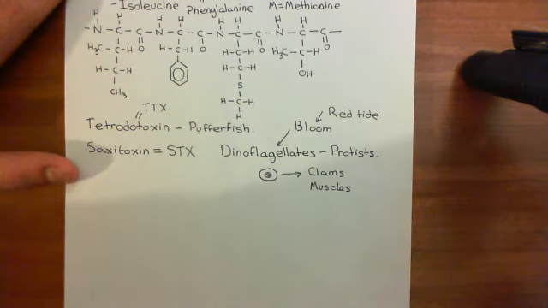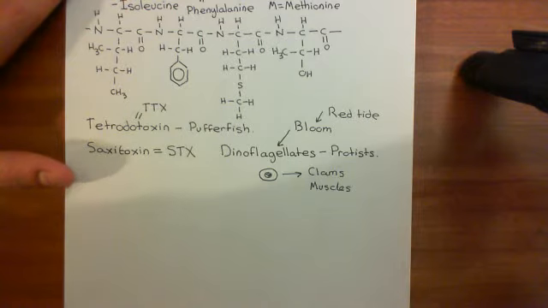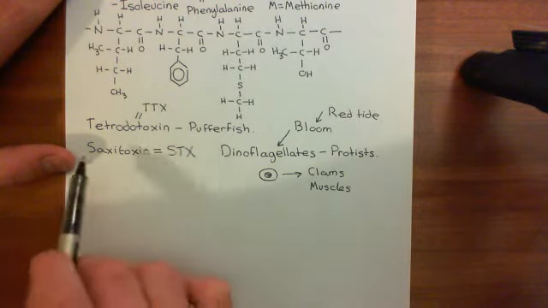You're then ingesting that, and it causes neurotoxicity. So how does it cause neurotoxicity? Well, it's the same as tetrodotoxin. It causes paralysis of the diaphragm and also of the phrenic nerve firing to the diaphragm, which stops you from breathing. So that's how it kills you.